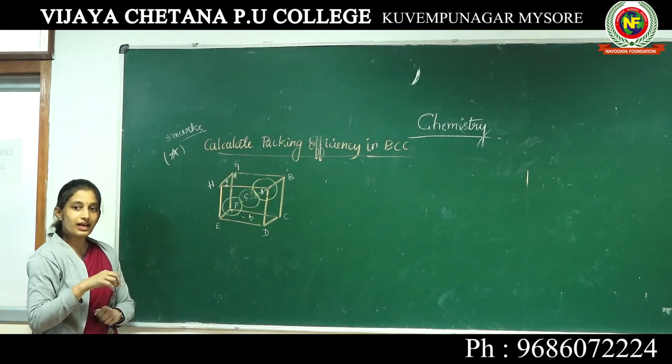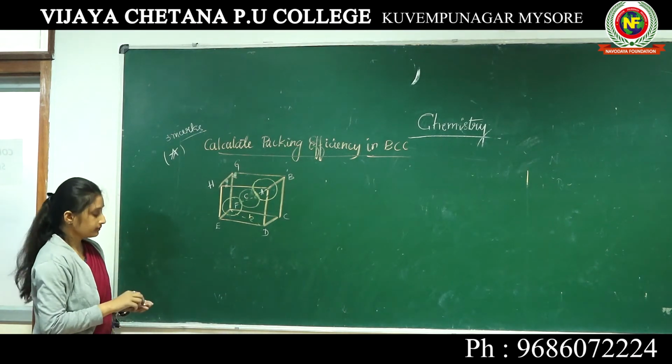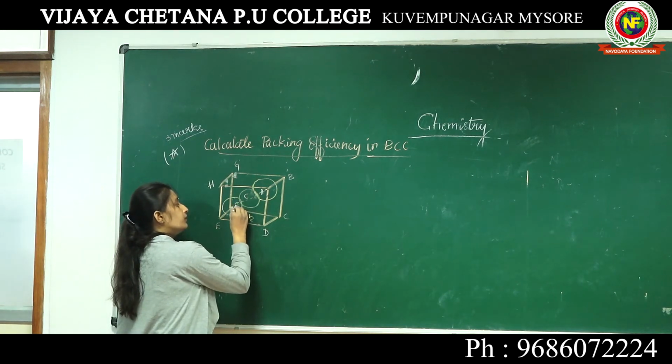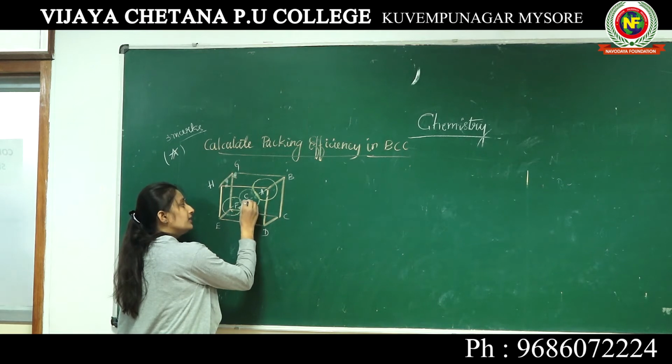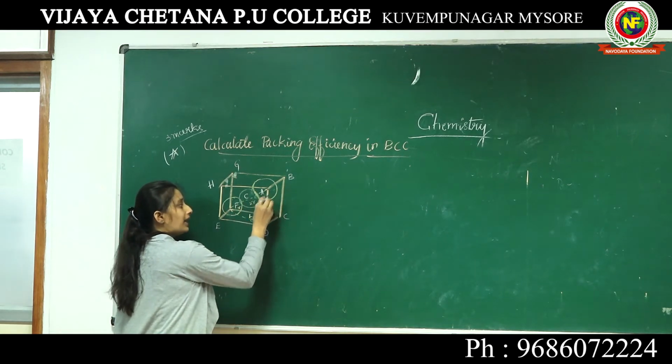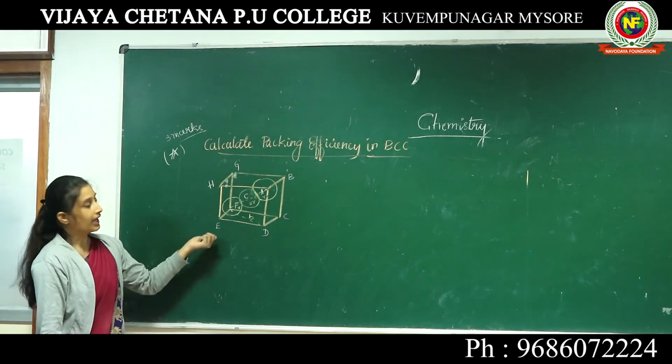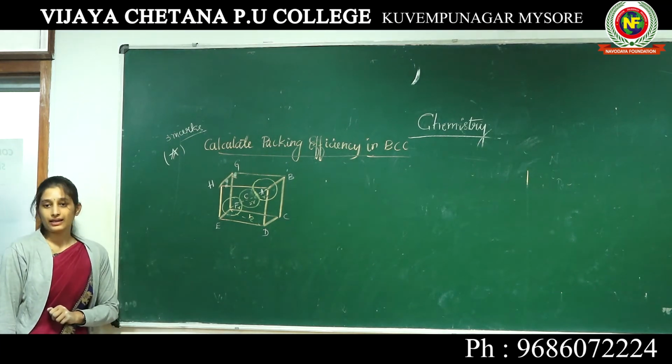All the edge lengths are A. Now from here to here R, here R, here R. This is regarding the diagram.